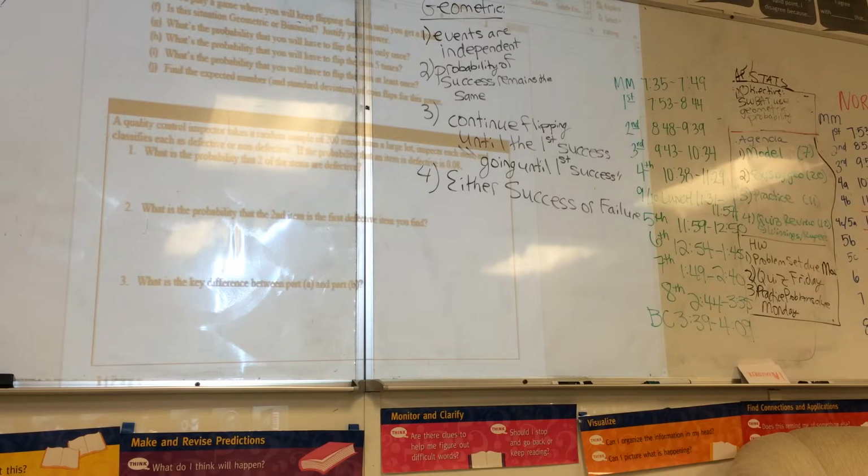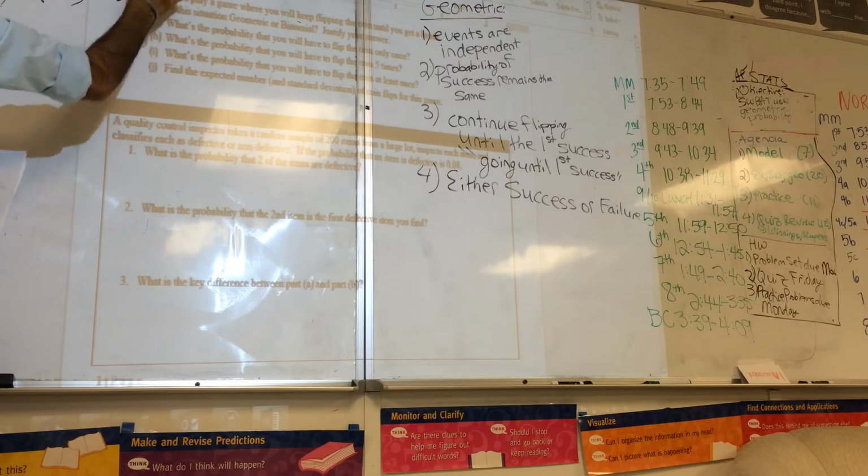That's what this is saying. So what is the probability that I get a heads on the 5th roll? Well, it's the probability that I don't get a heads, which is 0.6, 4 times. I have to not get a heads 4 times, and then get the heads, which is 0.4.